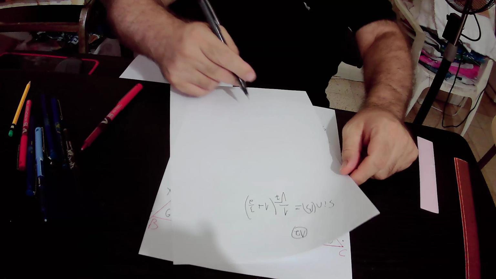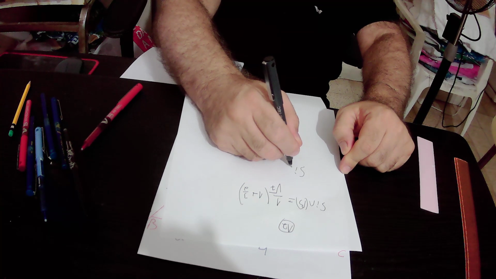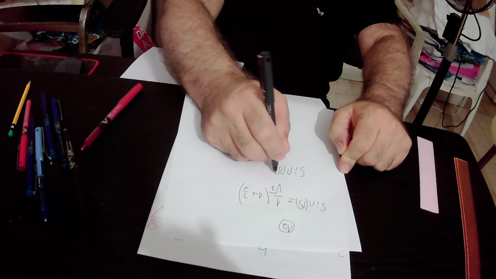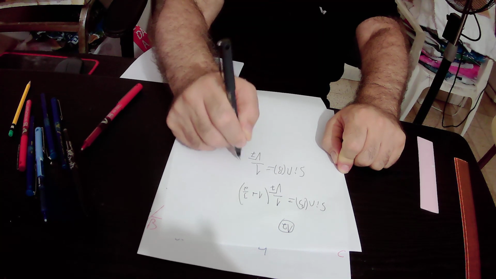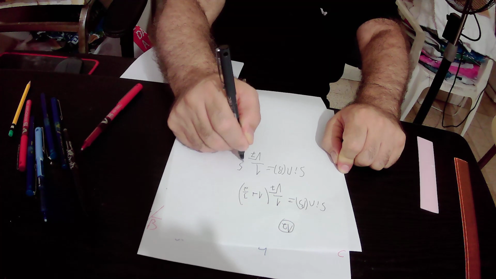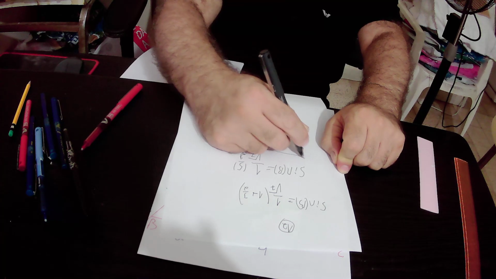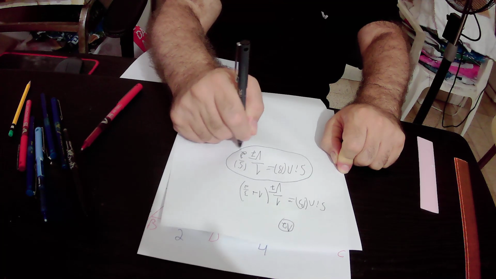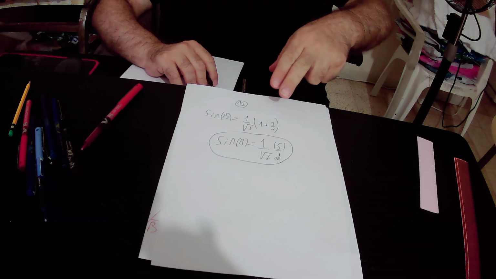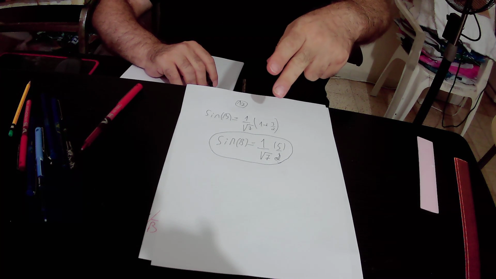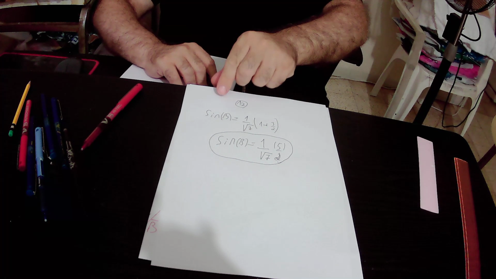So we actually found out the value of sinus beta. Sinus beta equals 1 over root 7 times 5 over 2. Again, the value of sinus beta is 5 over root 7 times 2.